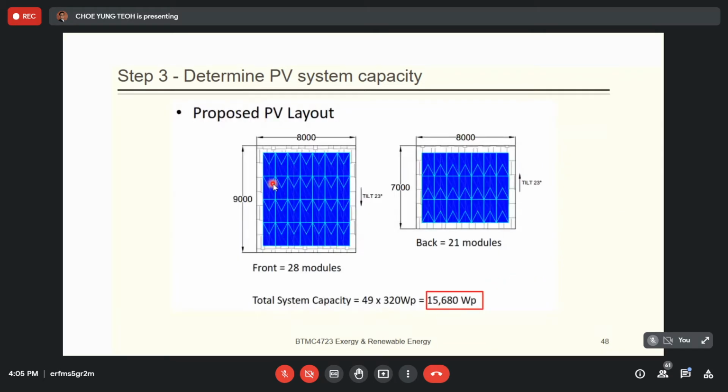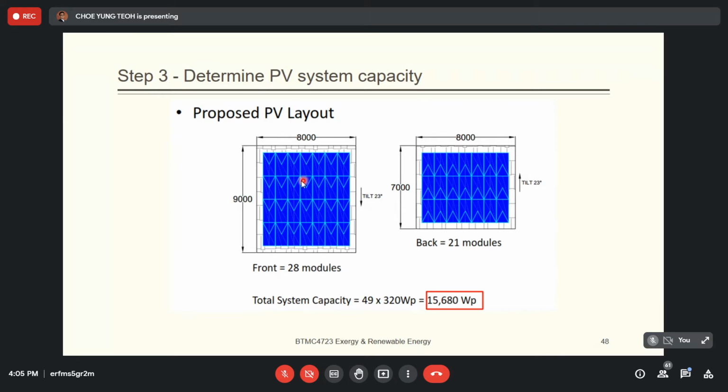Calculate how many you can put. But remember, don't overuse the space. Some of the space does not have support at the bottom. For example, some of the rooftop at the side does not have support. It is just a cover. You can see it, but the support goes only to a certain part. So make sure your panel is fully supported.